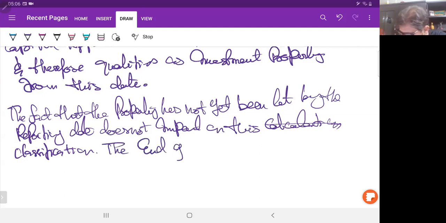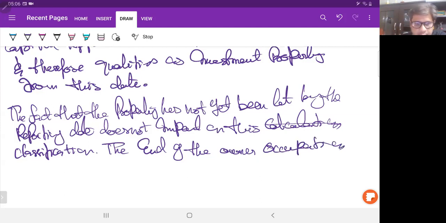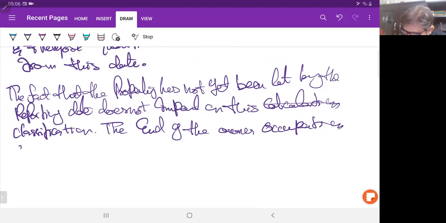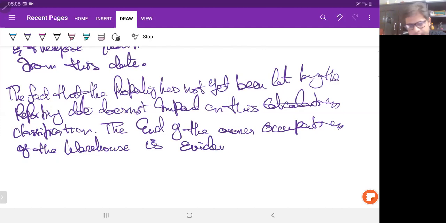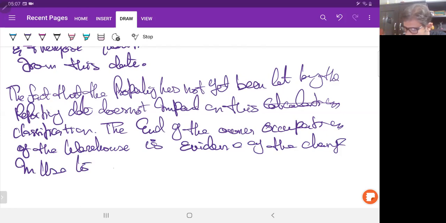The end of the owner occupation of the warehouse is evidence of the change in use to an investment property.